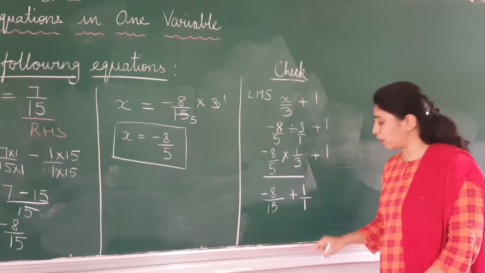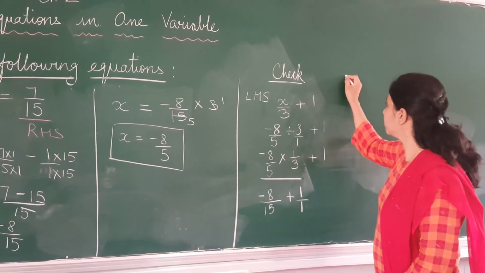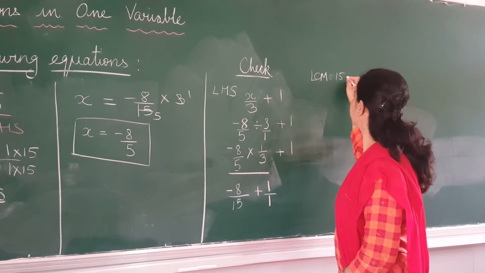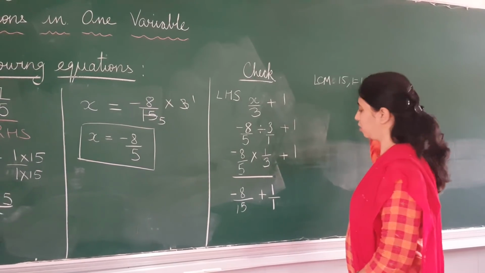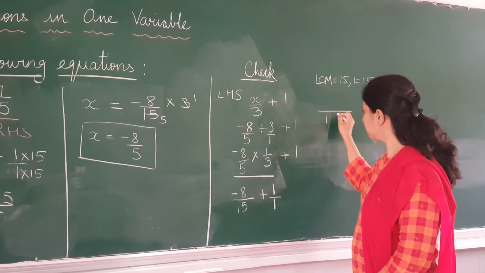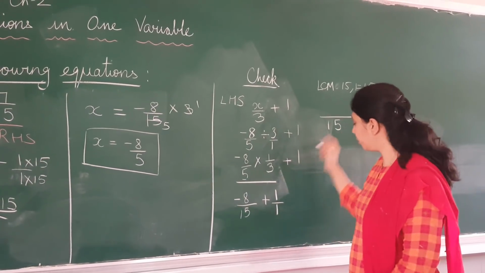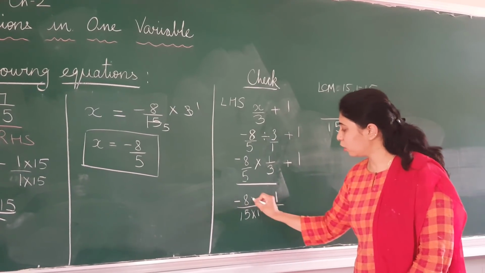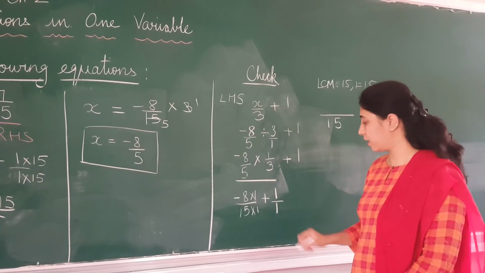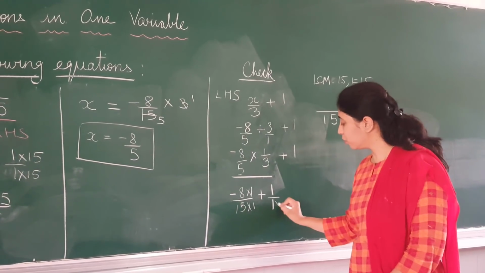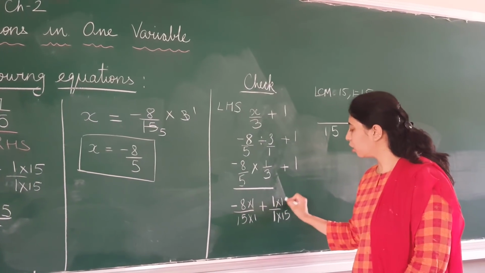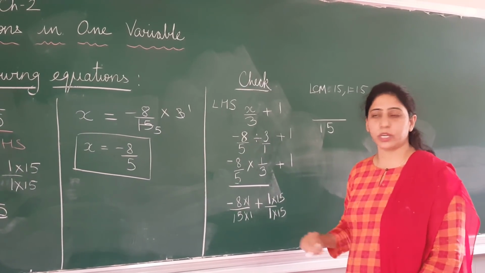So again LCM. What is the LCM of 15 and 1? It is 15. So now you are going to take LCM as 15. When 15 comes in 15 table, 15 ones are 15. When you multiply in the denominator, you have to multiply in the numerator as well. So when 15 comes in one table, 1 into 15, when you multiply in the denominator, you have to multiply in the numerator as well.